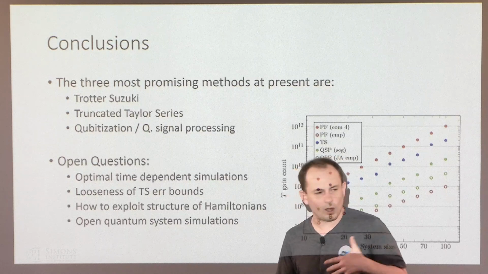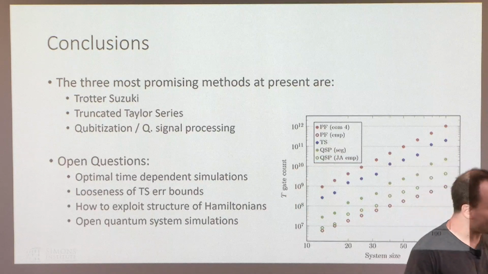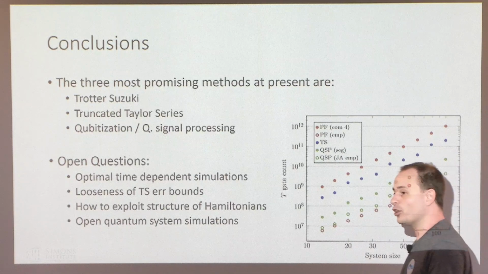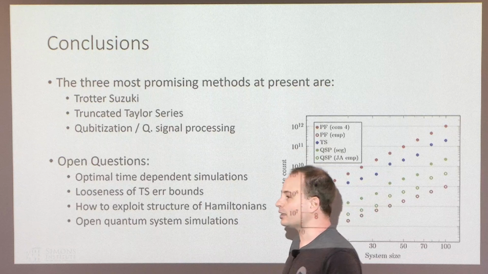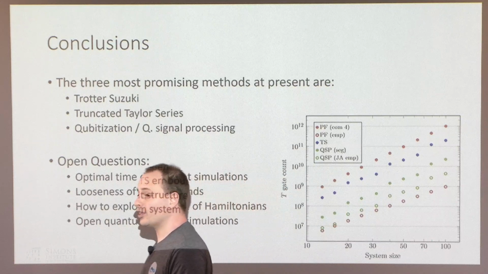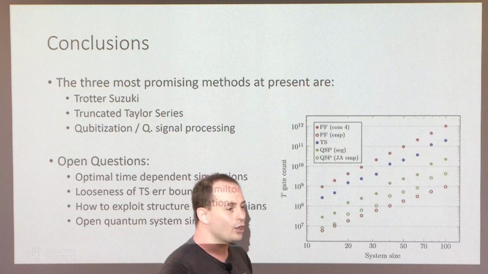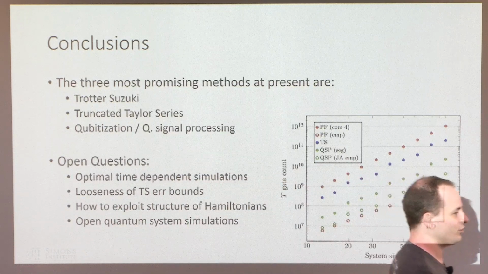And these models actually can be substantially easier to simulate than you might naively think when you take a look at these results. So there's a lot of work left to be done in applying these ideas in precise and creative ways to actual problems that we're interested in seeing.